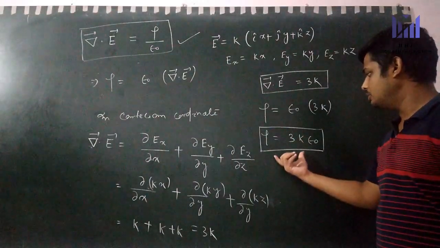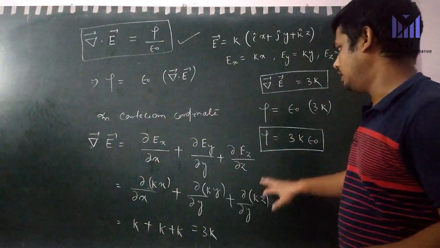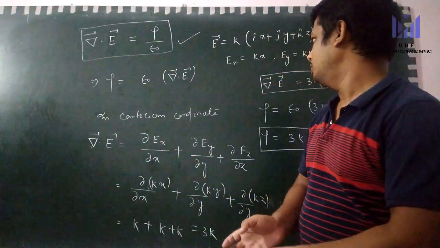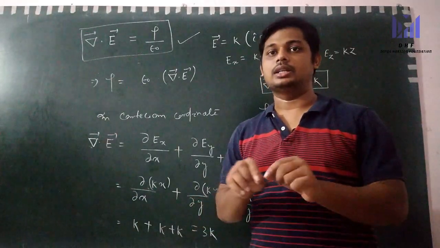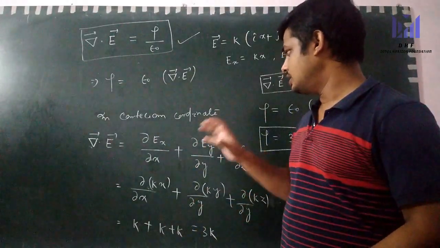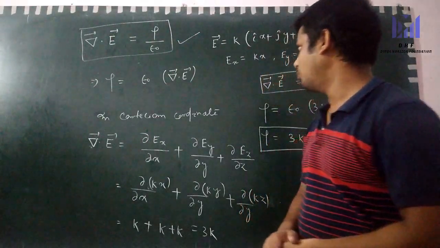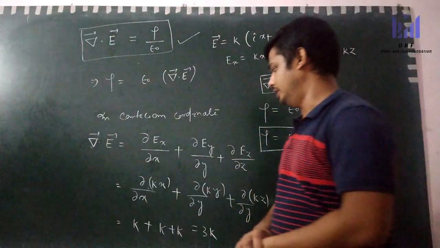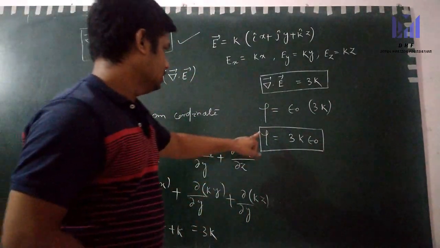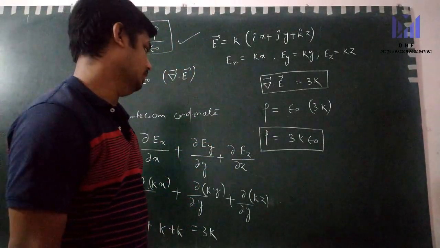This is a constant charge distribution, meaning the charge density at each point is constant. If we take a three-dimensional space, at each point including the origin, the charge distribution is constant. So a constant charge distribution can produce this radial electric field. This is how we predict the charge distribution from the given electric field.